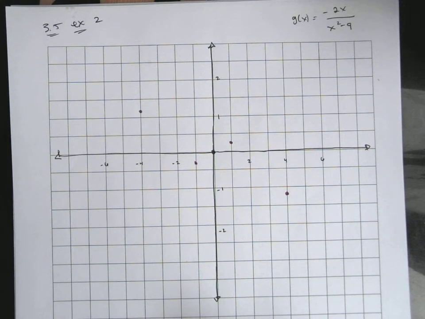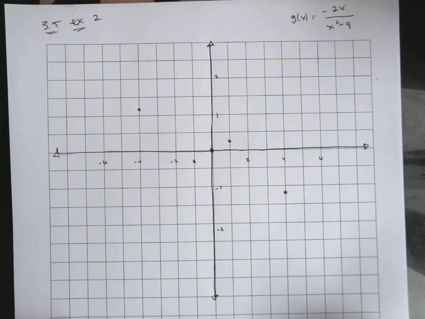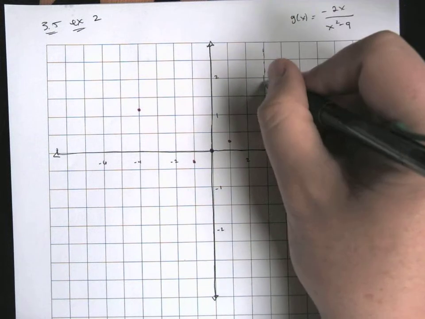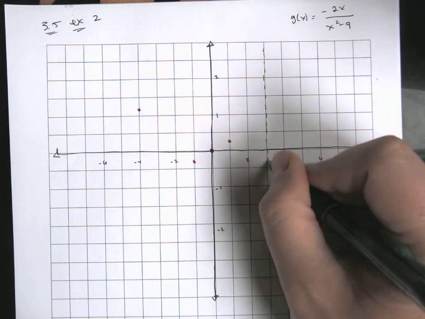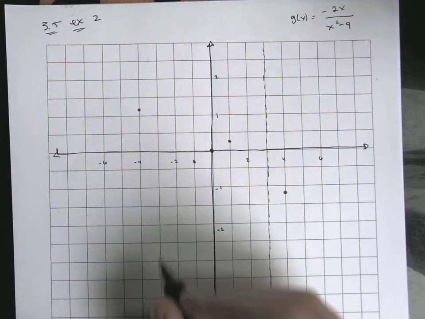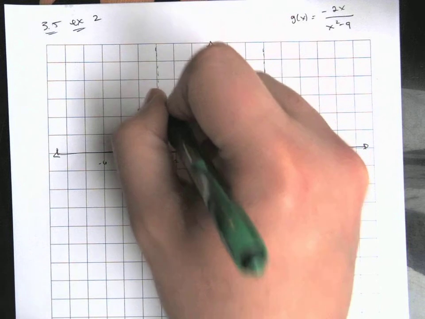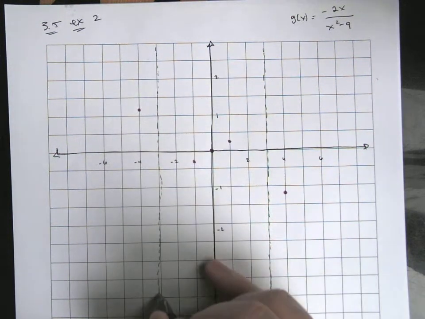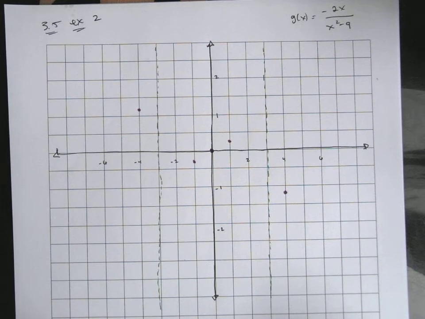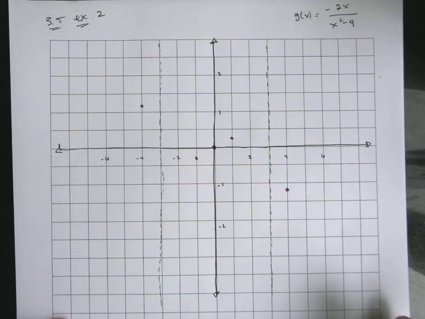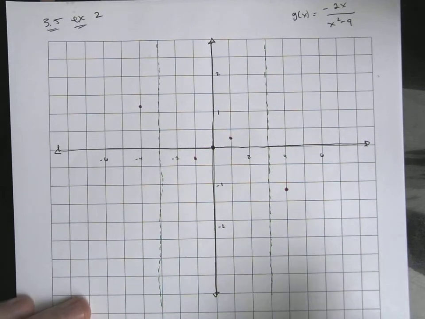Before we can fill all this in, we need our asymptotes, of course. So we had 2 vertical asymptotes at positive and negative 3. So that's going to be here. And then the negative 3 is going to be here. And then we have a horizontal asymptote right at y equals 0, so that's right on the x-axis.